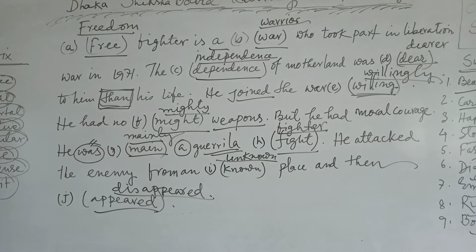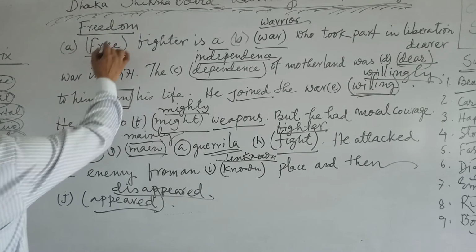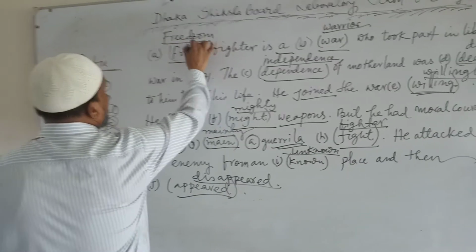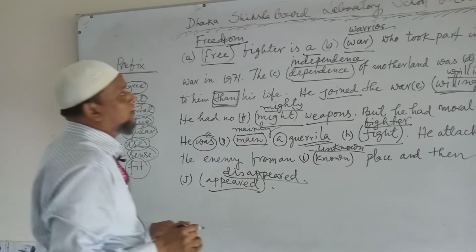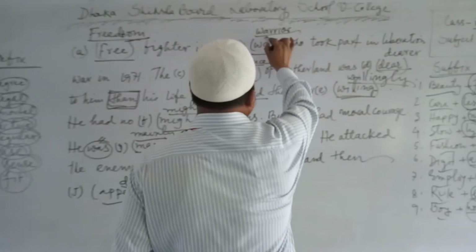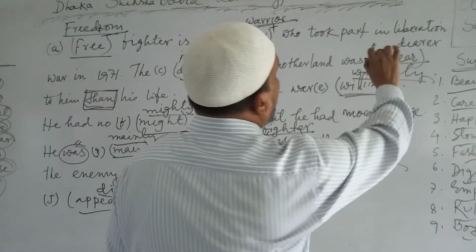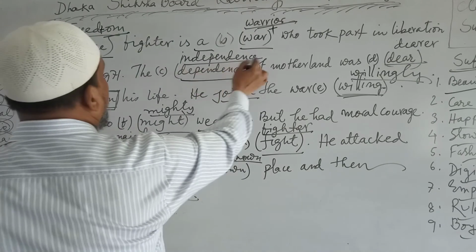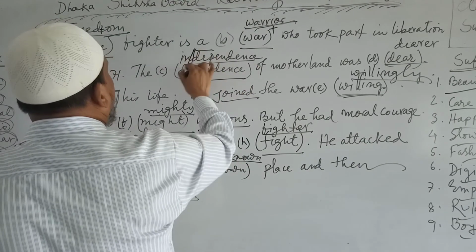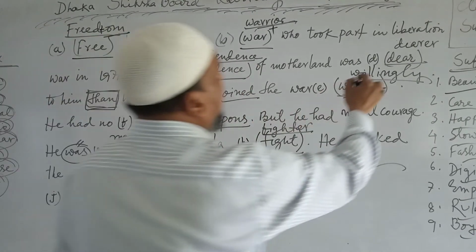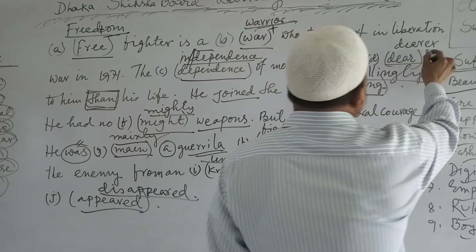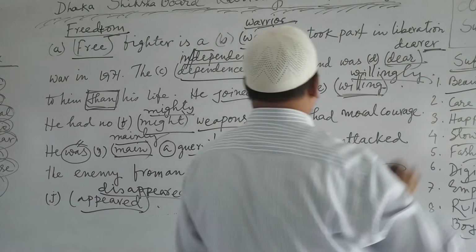If we analyze the words within the brackets, whatever we have changed, the first one is freedom. We have added letters after, so it is a suffix. Warrior, after, suffix. Then independence, before the word, so it is a prefix. Then dearer, after, so it is a suffix.